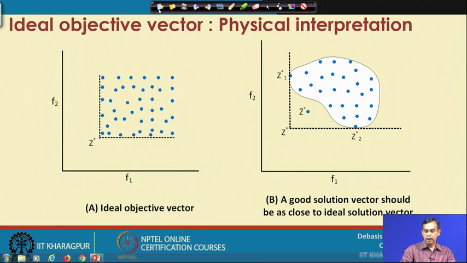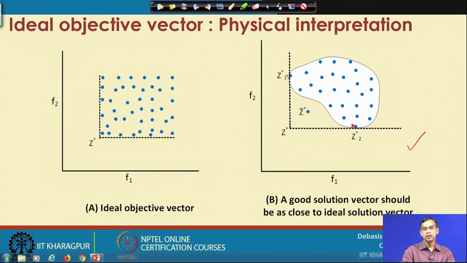So, this solution, as we have discussed, is called the ideal objective solution. Now, in this figure, if we see it again, this is one solution, and this is another. This solution may be minimum with respect to f2, but it is not minimum with respect to f1.